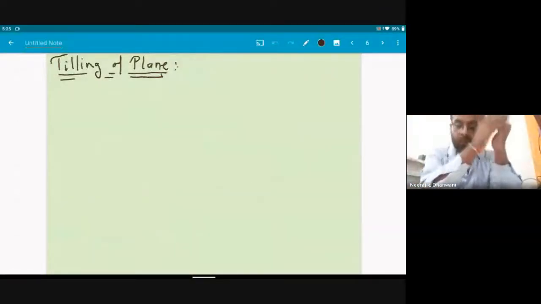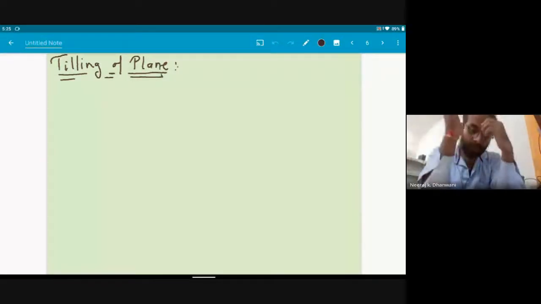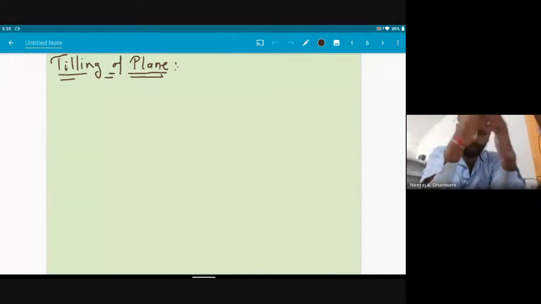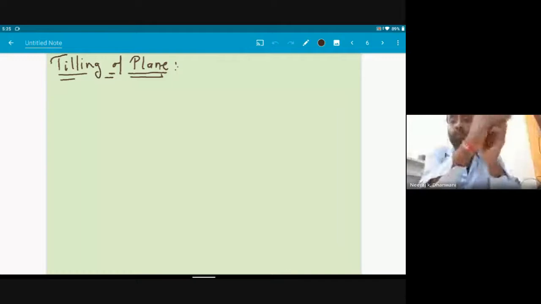Before going to the more geometric part, here is one fun part: the tiling of the plane. What is the meaning of tiling of the plane? I'm sure we have all seen the tiling of our room surfaces, and sometimes we should be curious why the tiles are always square or rectangle shaped.